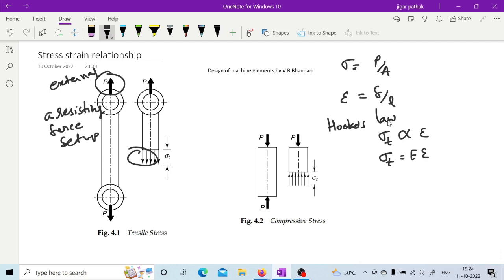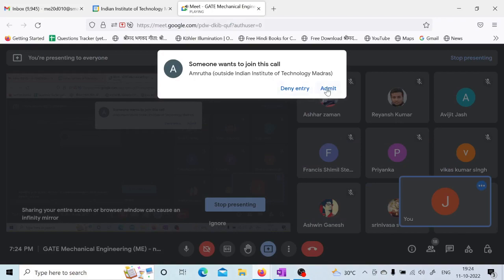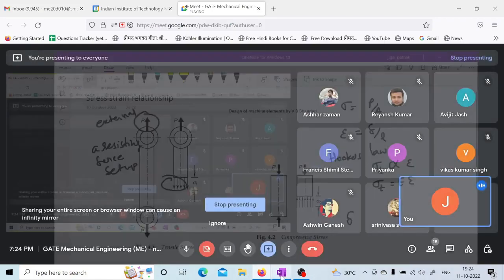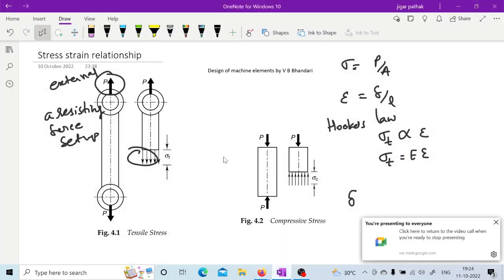If you put in all the values, you are going to get the deflection in terms of load per unit area and length.